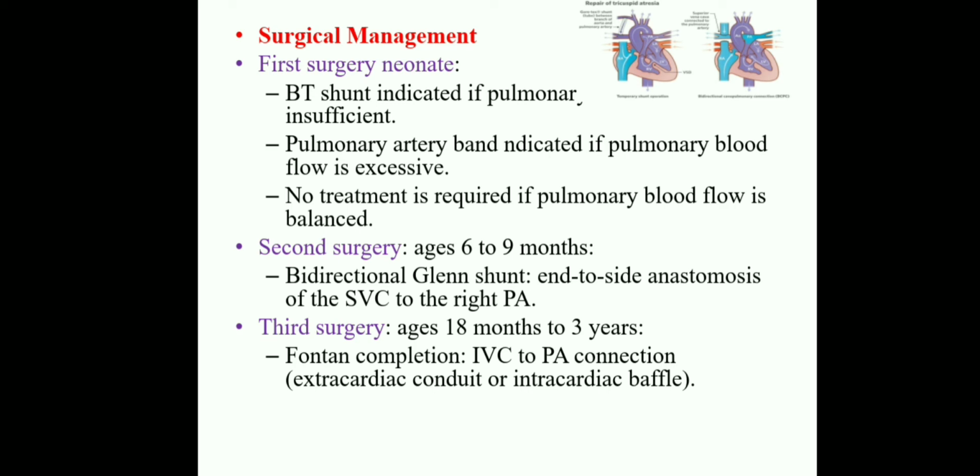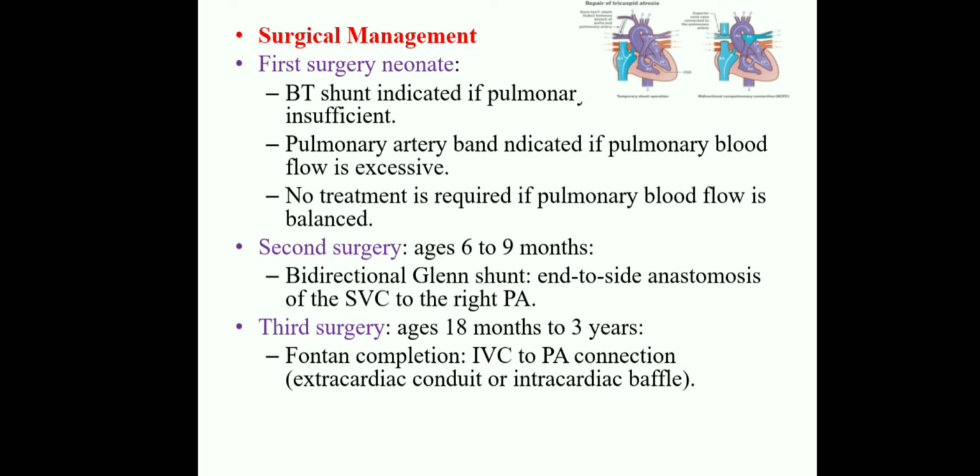Okay, and then the third surgery is done at the age of 18 months to 3 years of age group, that is the Fontan completion. Here it is done from the inferior vena cava to the pulmonary artery.